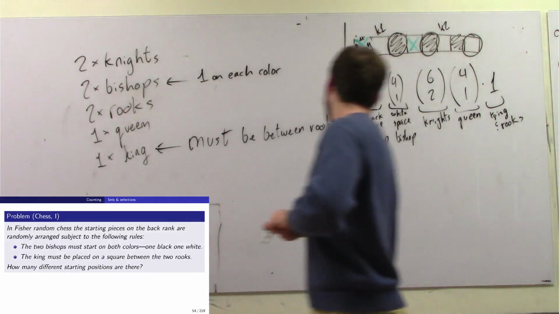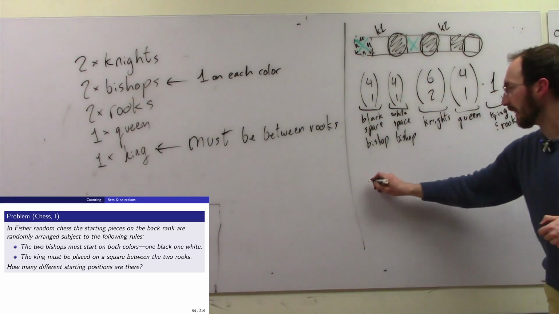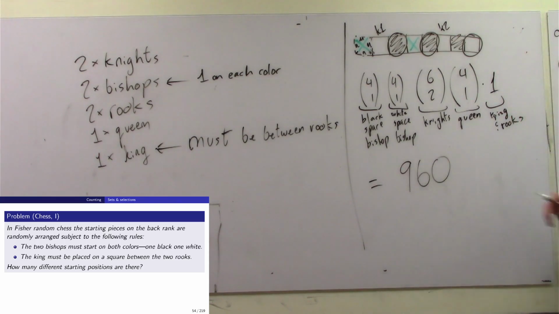Now, what's nice, and those who might be familiar with Fischer random chess, is that if we multiply these out, we actually end up with 960. That is to say there's 960 valid starting positions. And this is actually another name for this game.